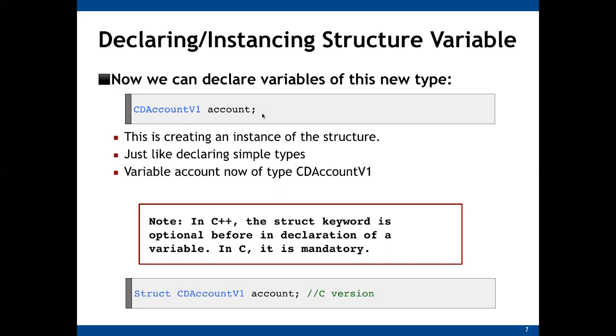And these statements create an instance of the structure. Note that you can also use structure in C, but when you declare a structure in C, you have to explicitly specify the struct keyword like this. But in C++, this struct keyword is optional.